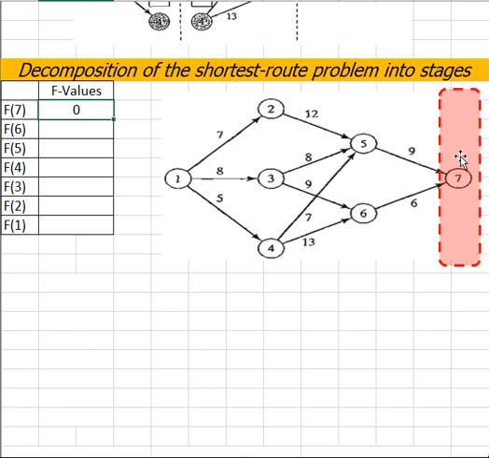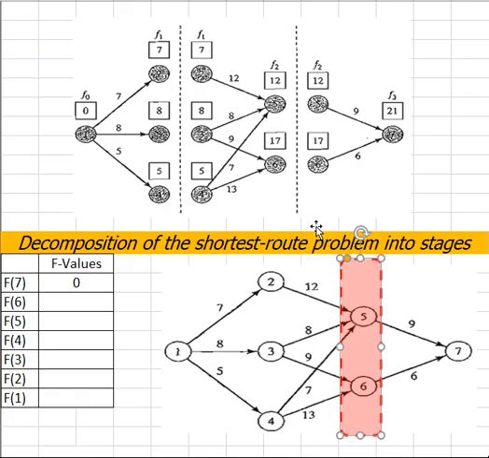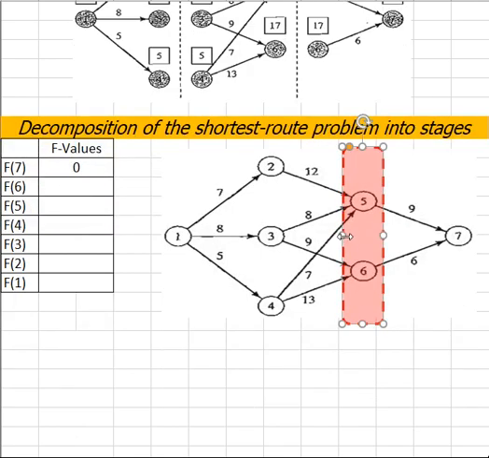The next cut could be this first portion, like this. This could be our first cut. What do we do now in this first cut? You will think about the distances from that point, from where we came. This is where we came from, right? So, for you to get to F5, to node 5, you need a distance of 9, or we could say you get it by 9 from node 7.